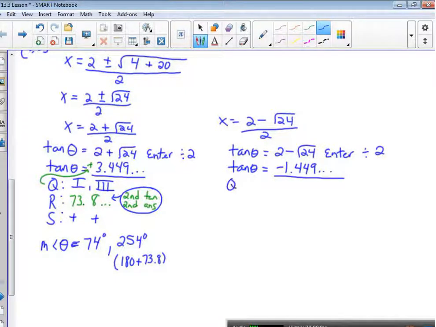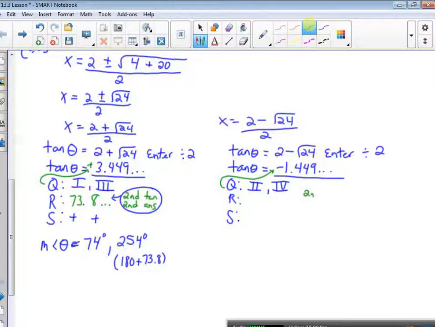So I'm setting up Q, R, S. Now again, I'm looking at the fact that the sign is negative. So where is tan negative? In 2 and 4.